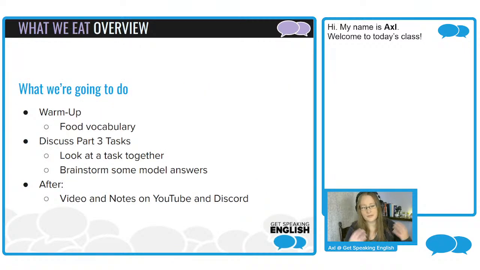What we are going to do is a bit of a warm-up first. We're going to review some food-related vocabulary, and then we're going to look at a part 3 task, again, similar to the one on part 3 of the speaking paper of the B2 First exam and the C1 Advanced exam. And hopefully we'll be able to brainstorm some language and some ideas, just ways to talk about the task together.